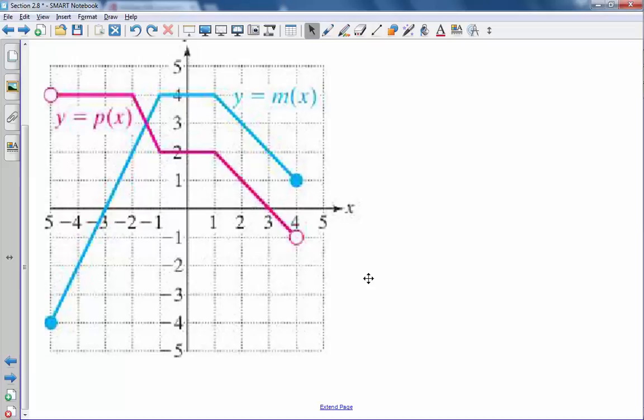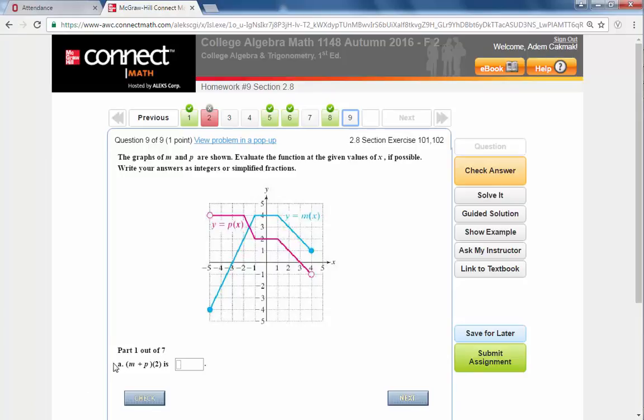So what are we going to do with it? You are going to add these 2 graphs and evaluate it at 2. But they didn't give me the equations. I wish that I was given an equation here for M and P. I could just add them and evaluate them at 2 and we could be done in 30 seconds. But instead they have provided me with graphs. What shall we do?